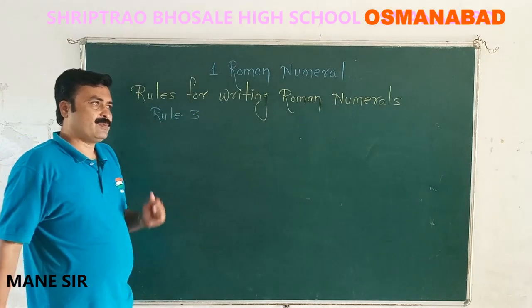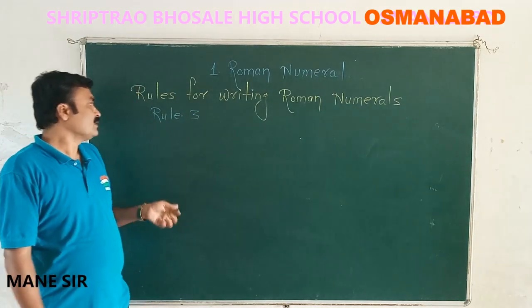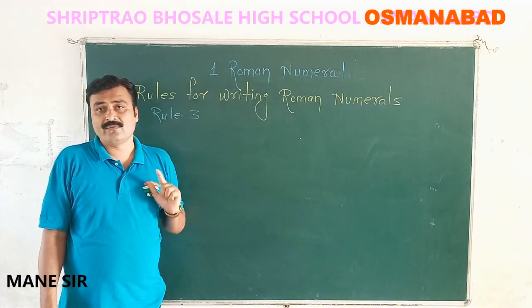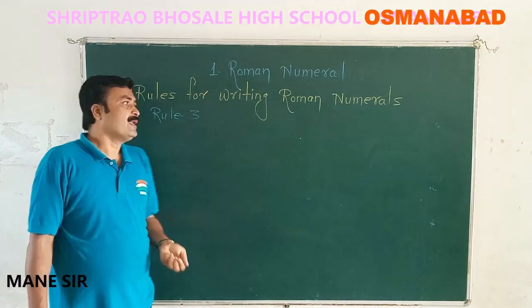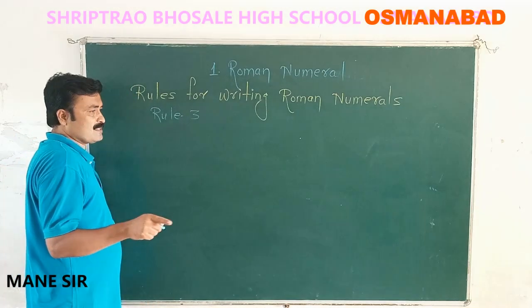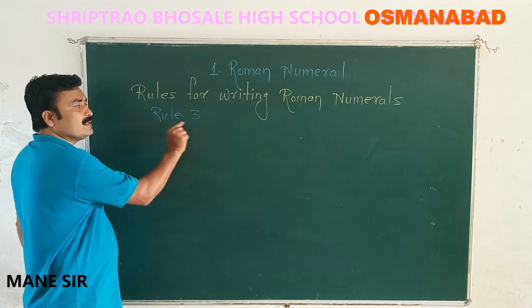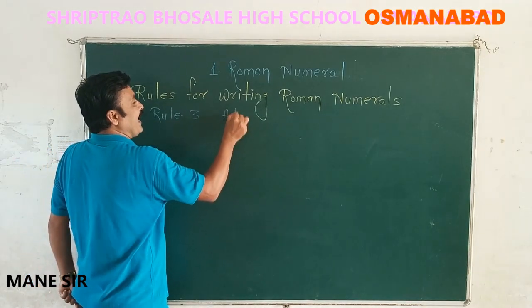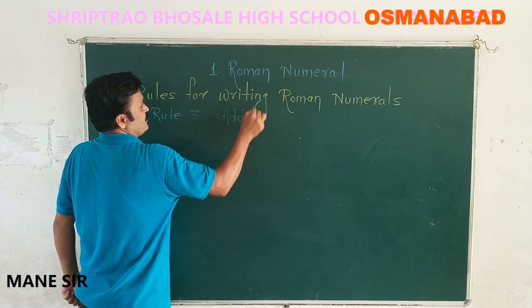Now, as explained in yesterday's period, rule number 3 is exactly opposite of rule number 2. Rule number 2 is based on the subtraction process. Rule number 3 is based on the addition process.